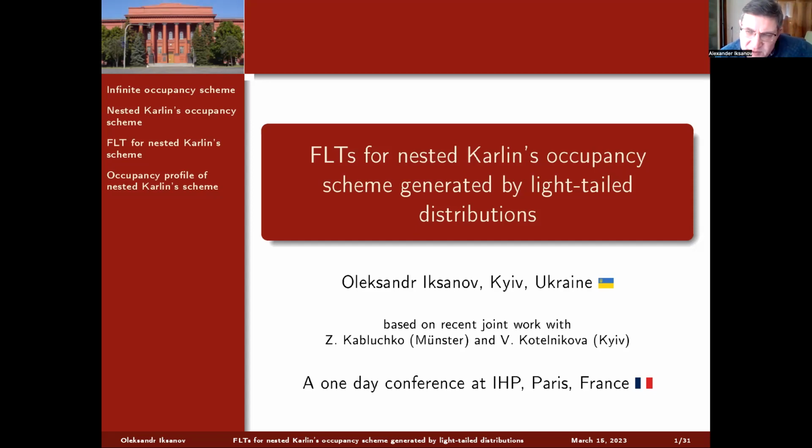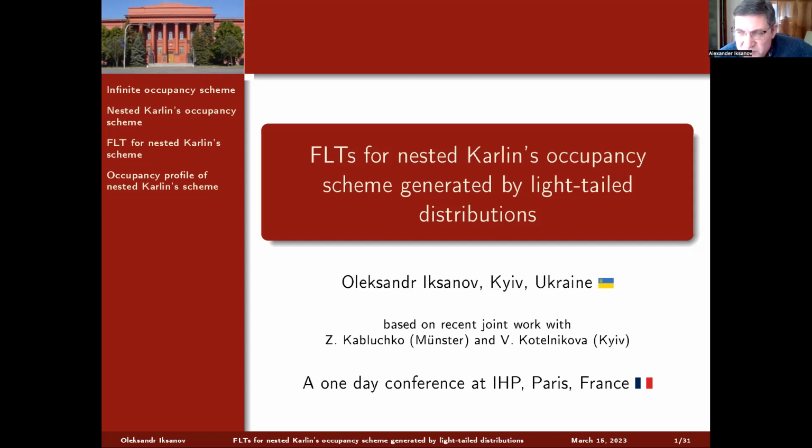The Karlin occupancy scheme contains infinitely many boxes and some collection of balls. Also, there is a rule of how the balls are distributed over the boxes. The nested Karlin occupancy scheme is comprised of a tree in which each level contains its own infinite array of boxes and again some collection of balls which are the same for all levels of the tree.